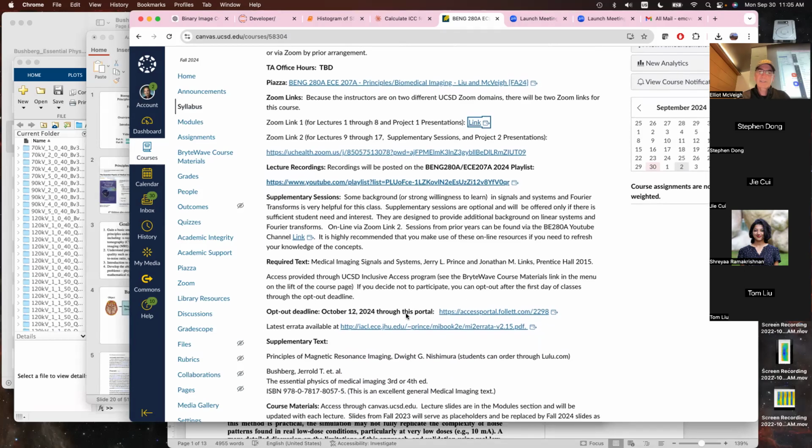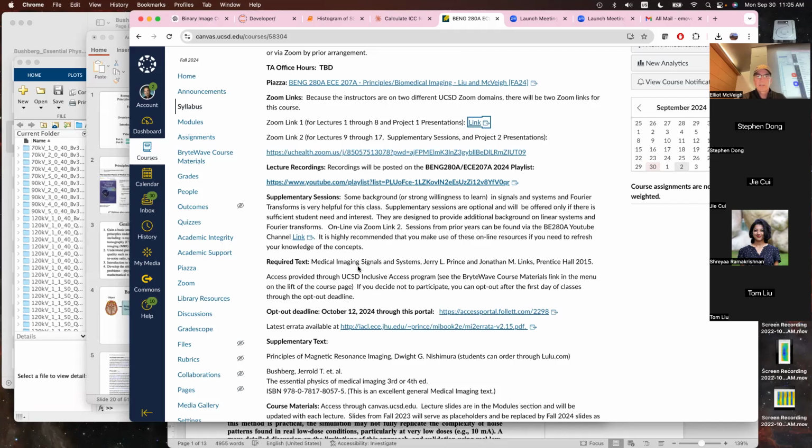There is a required text for this, and I recommend for those of you who are wondering, should I take this course, do I have enough math to do this course, read parts of this textbook, the stuff that we're going to do today and image quality, and that'll tell you where the level is. This is by a friend of mine at Hopkins. We work together.